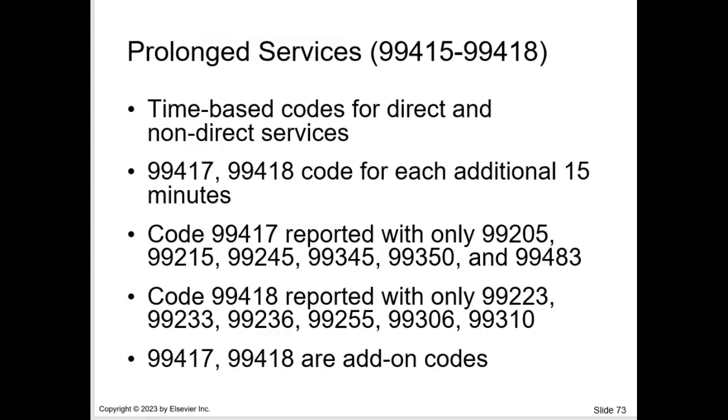It says right on there, you have to list separately in addition to the code of outpatient E&M. So if you look at 99417, it is an add-on code. Remember, add-on codes always have to be with another code, correct? All right, so that is something to remember. And the other thing with this, make sure you look at your chart.